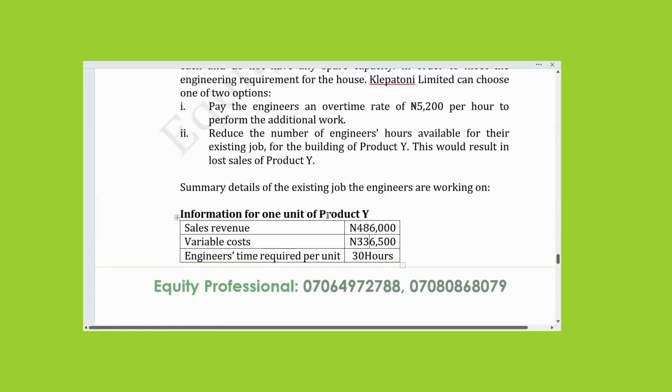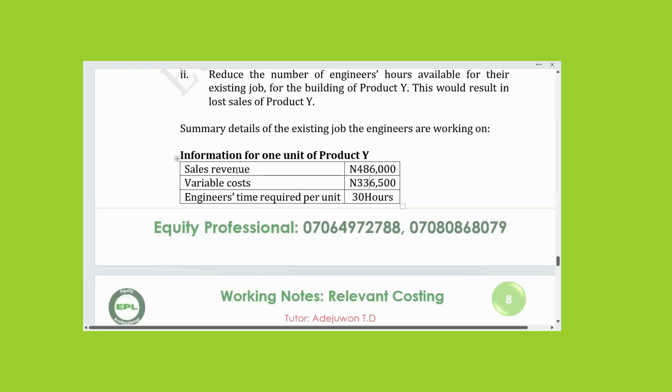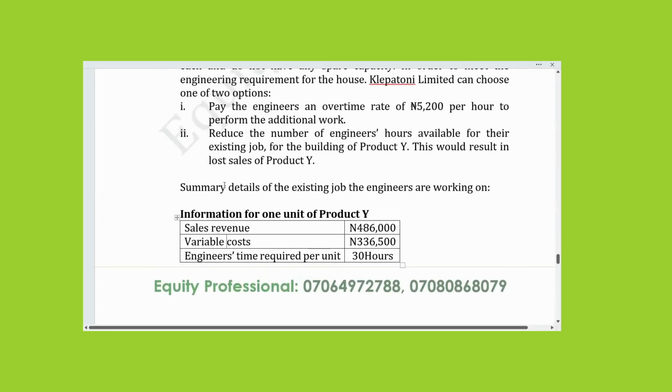So what that means is that since we are told in the question that it will result in a loss of sales, that means there will be contribution loss. Why? Because difference between sales and variable cost represents contribution. So if the company reduce the times the engineer spend to produce product Y, it will result in contribution loss.